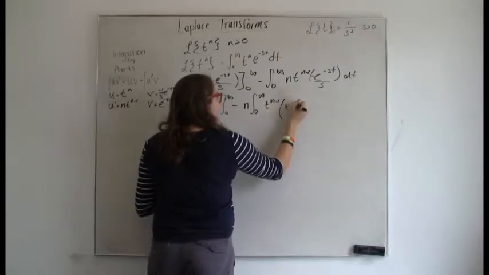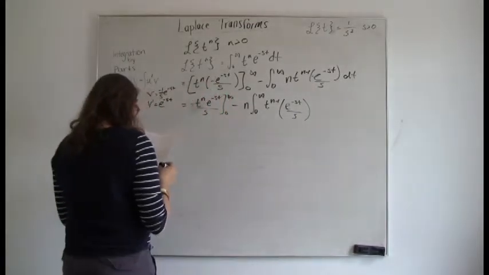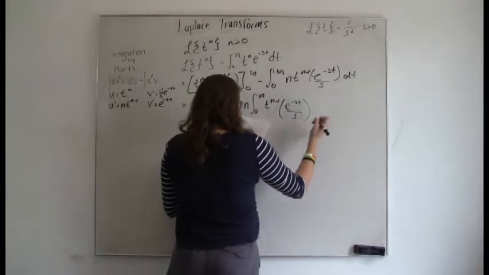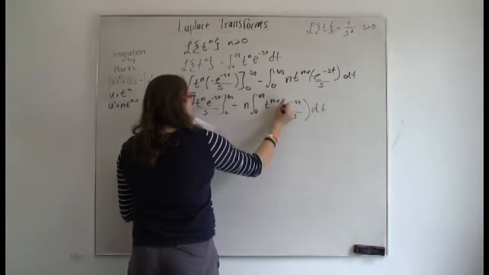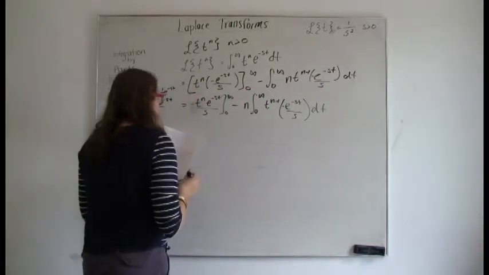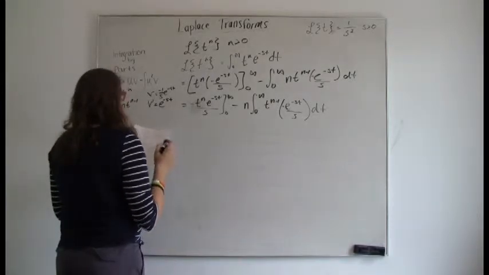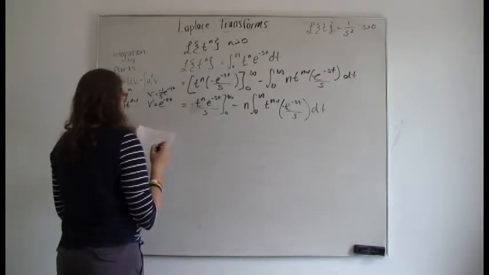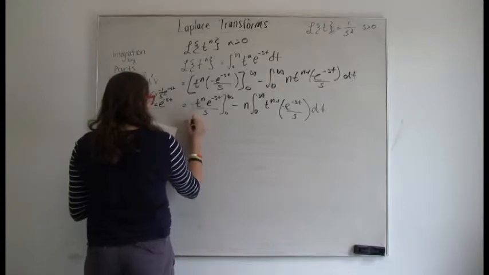So now let's evaluate our uv term at infinity. At infinity, we can assume that e to the negative st goes to 0 faster than t to the n grows.